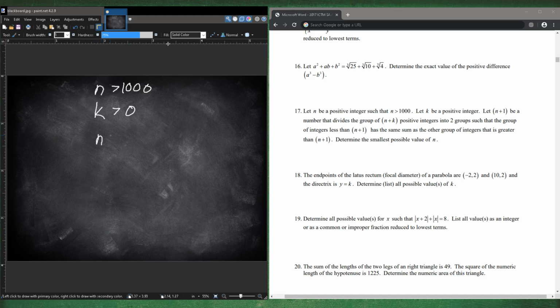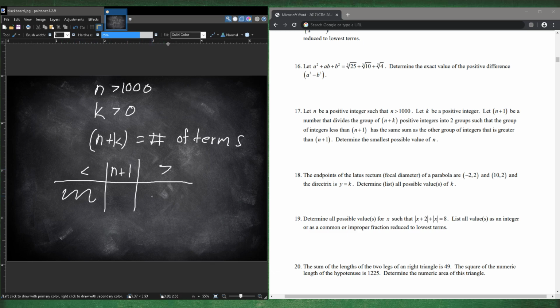So there's n plus k. There's a equals the number of terms, let's say. So we have n plus 1 right in the middle, and then everything less than that, and everything greater than that is on the side.